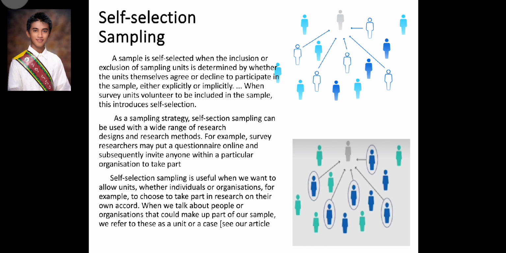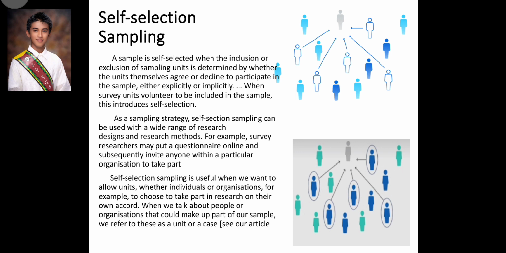Self-selection sampling is when the inclusion or the exclusion of sampling units is determined by whether the units themselves agree or decline to participate in the sample, either explicitly or implicitly. When survey units voluntarily include themselves in the samples, this introduces self-selection.